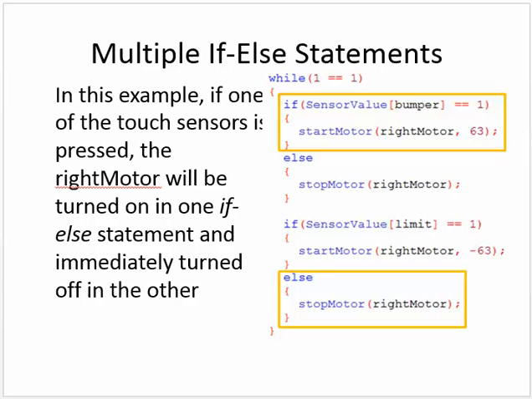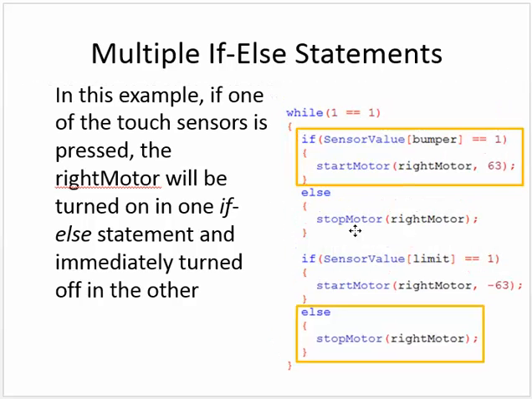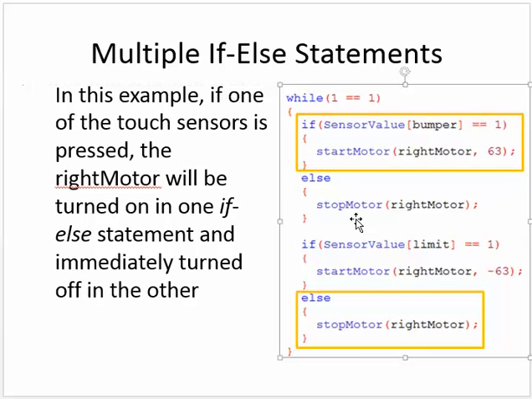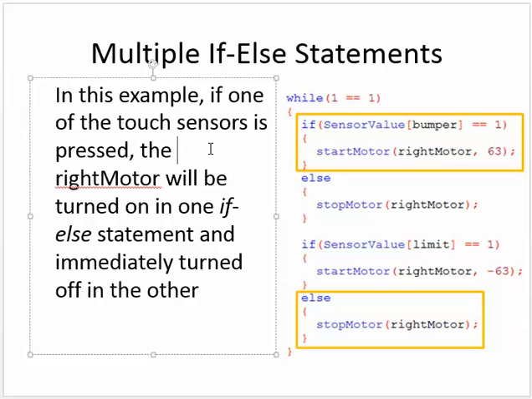In this example, if one of the touch sensors is pressed, the right motor will be turned on in one if-else statement and immediately turned off in the other. This is exactly what I was talking about. In this, we have multiple if-elses, and in this statement they're telling it, if the bumper's pressed, the sensor value, turn the motor on.